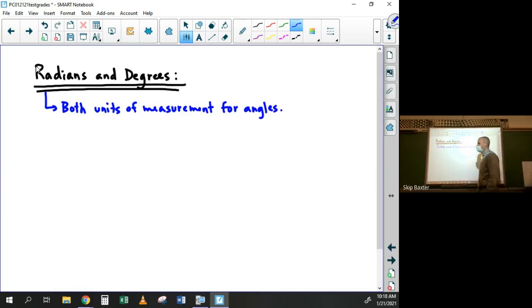So the first thing then is, what exactly is a radian? How did it come to be?